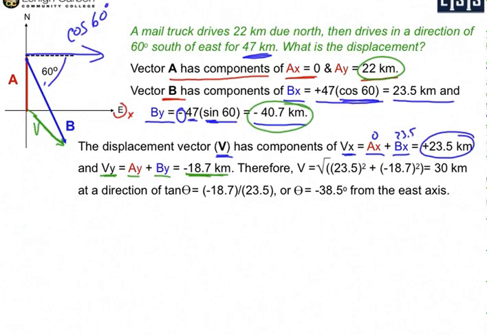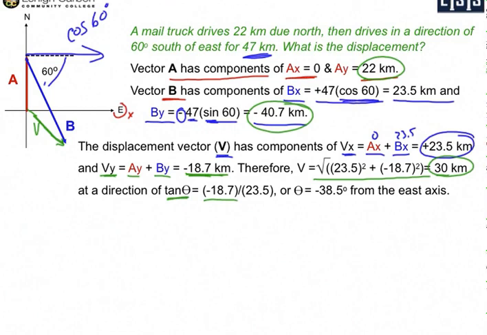Therefore, now that you have the sides of your vector V, you can use the Pythagorean theorem and you get your overall magnitude of V, just 30 kilometers. And for the direction, you're going to take the tangent of theta, which is y over x.